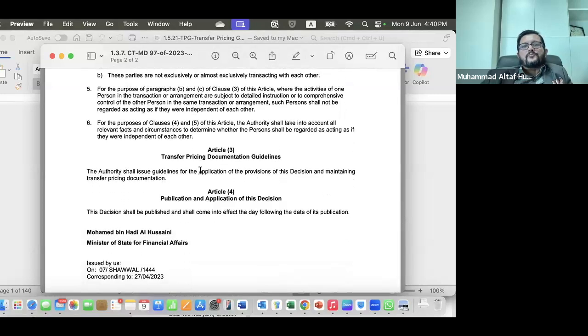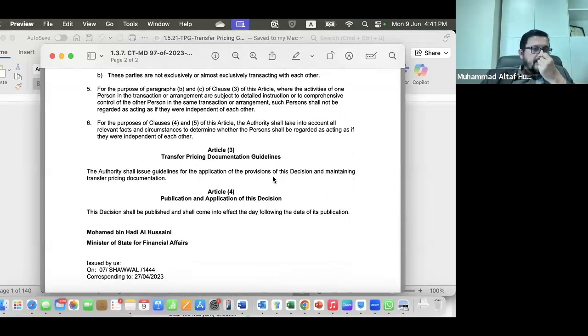That's the one. The authority shall issue guidelines for the applicant. You see this? So a guideline has been alluded to in this ministerial decision. That also provides us a basis to refer back to the guide.